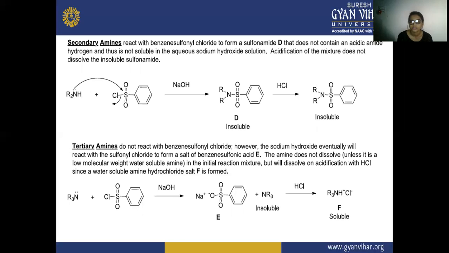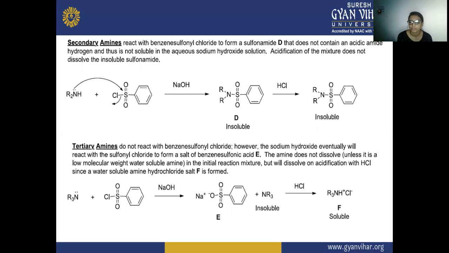Next, in the case of the tertiary amine, these are not reacting with the benzene sulfonyl chloride. Here the sodium hydroxide and benzene sulfonyl chloride are reacting with each other, and there is a formation of a salt of benzene sulfonic acid, plus your amine.